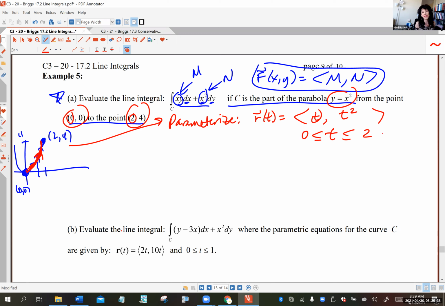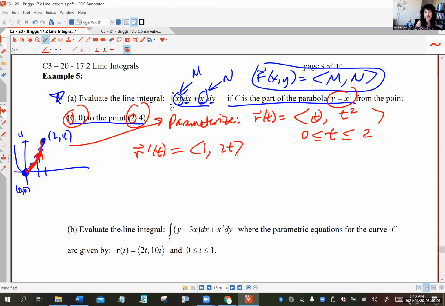And I will give you partial credit for that. Not a lot. Like if it's a 10-point problem, okay, I'll give you a couple points for parameterizing if everything else is wrong. Now what? Well, you do need to still get your r prime. That is always going to be one of the things you need to do on all 3 types of line integrals.